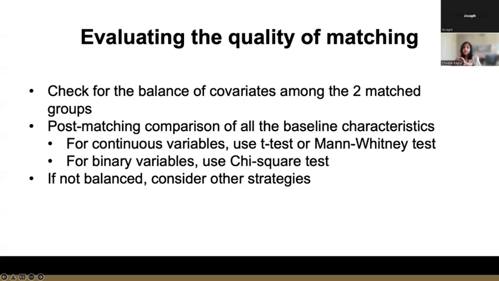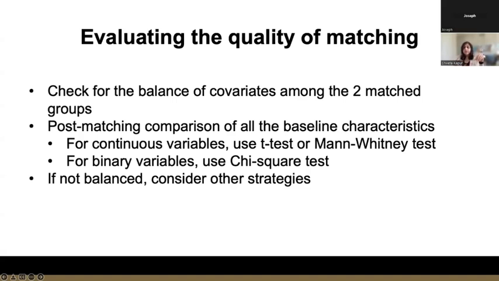Now, if you do not see the balance, then you have to go back and reevaluate your strategies of how you calculated propensity scores and how you performed propensity score matching, because you might have to reevaluate these things if your group is still not balanced.